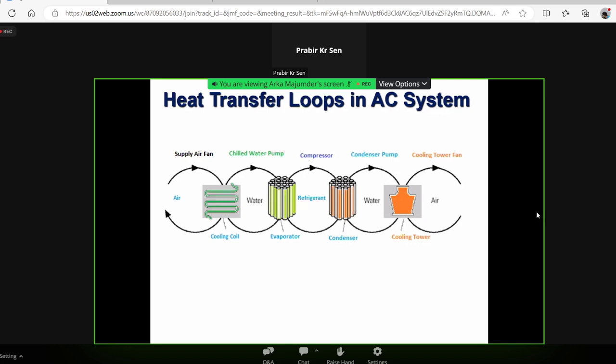So room heat comes from the room by air to the cooling coil, from where it is taken again by the chilled water and it goes to the evaporator, which heats up the cold expanded refrigerant gas, and that refrigerant gas becomes hot. We take it back to the compressor, we compress it, and it takes further heat from the work done on the refrigerant by the compressor.